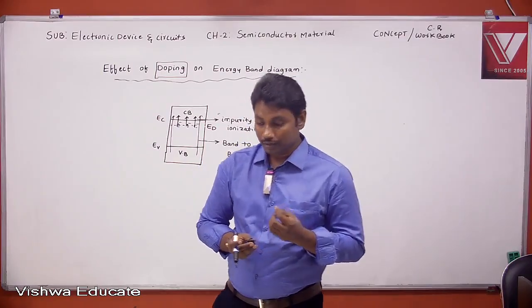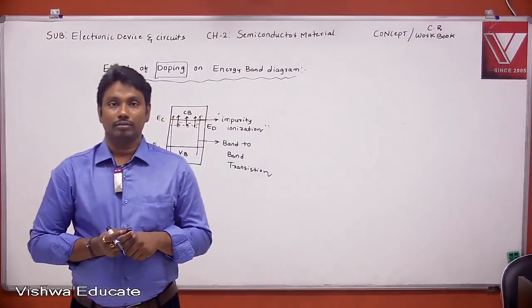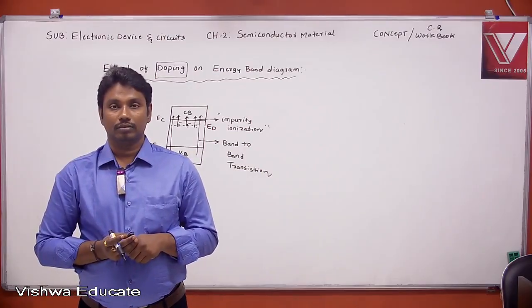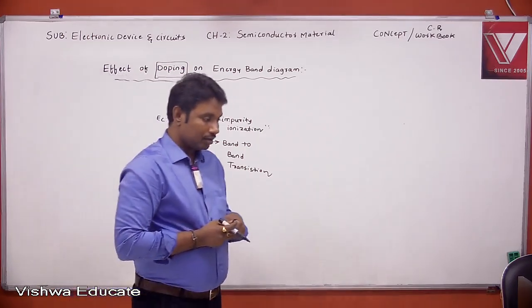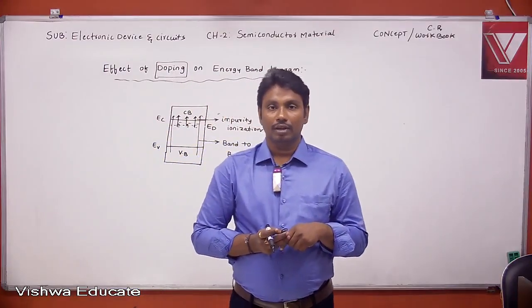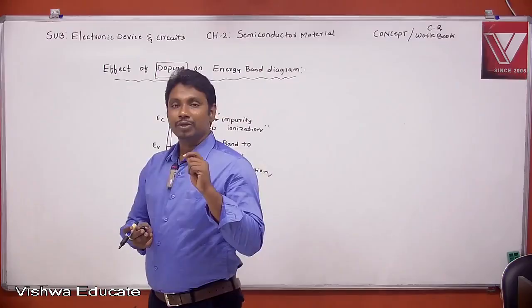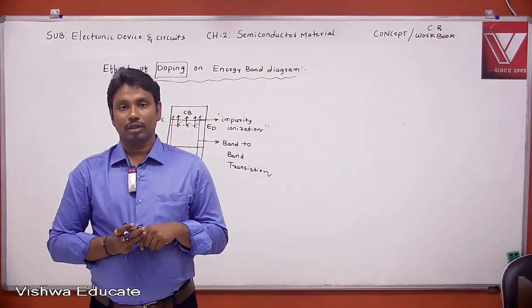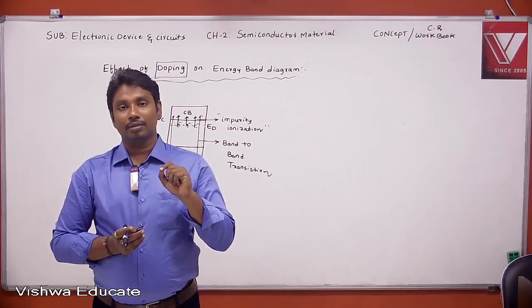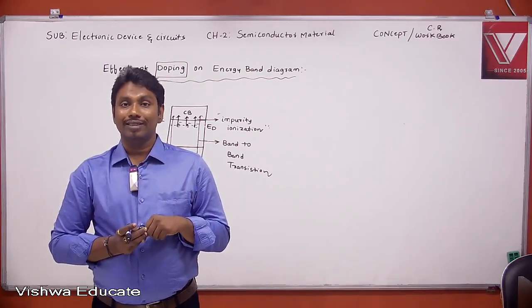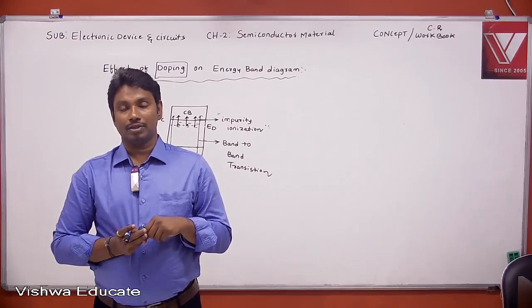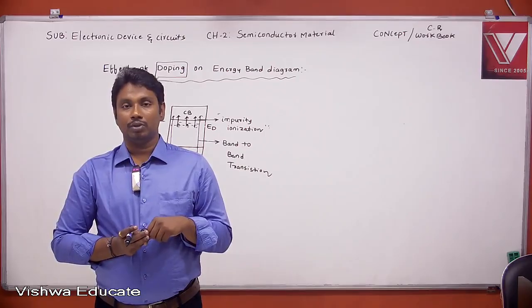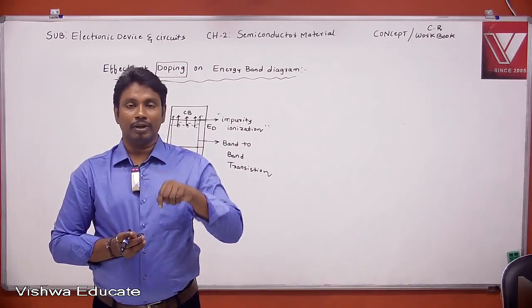Underline impurity ionization. Next point. Similarly, few electrons are moving from valence band to conduction band. Then it is called band to band transition. Underline band to band transition.